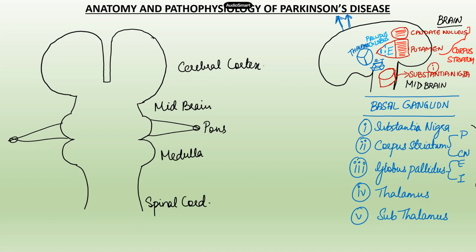Now, apart from showing you all these structures over here, I am going to also show you some of the basic motor areas that will be associated with the disease Parkinson's. Right. Now, Parkinson's disease is basically a neurodegenerative disorder in which one of the clinical features is that the patient is not able to initiate movements. All right.